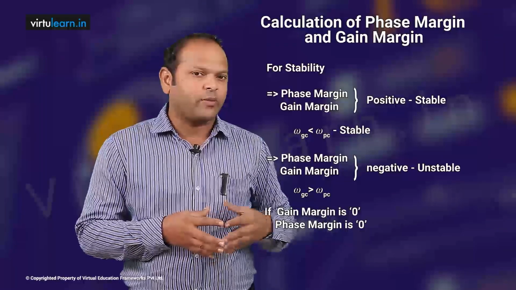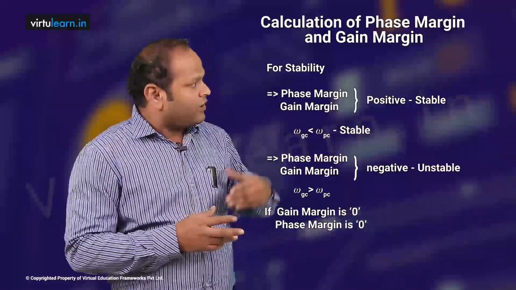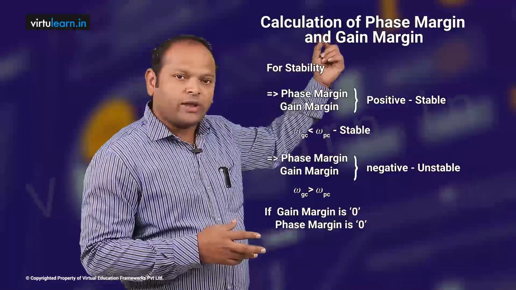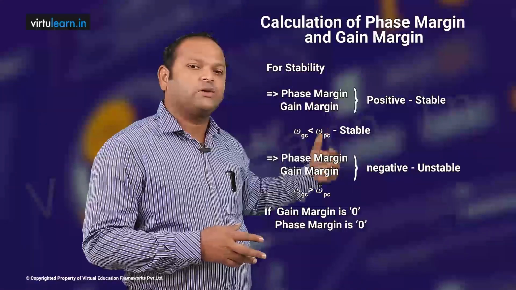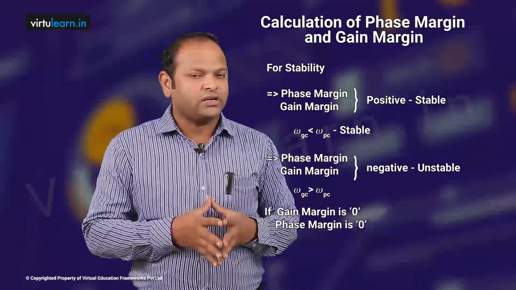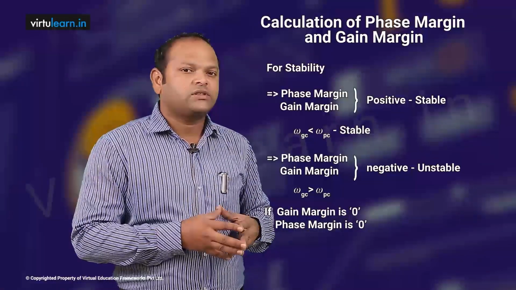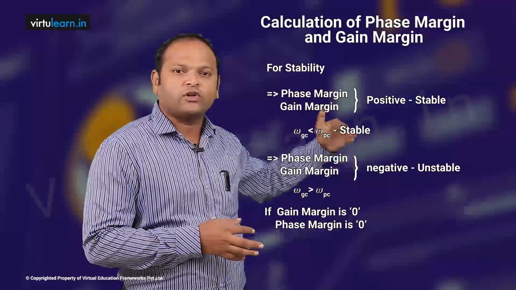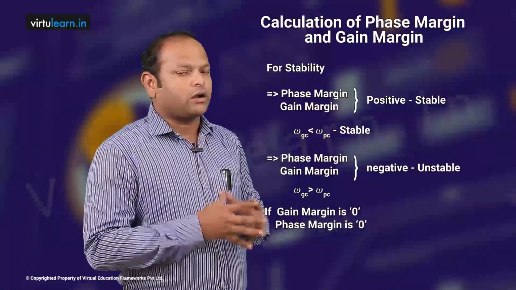In that case, omega GC and omega PC are both the same. For any system, if omega GC and omega PC are the same and the gain margin and phase margin are 0, then we say the system is marginally stable or critically stable. Our system gives continuous oscillations. We can also call it an oscillatory system, which is very important in control systems.